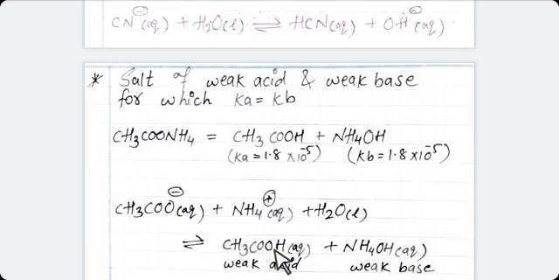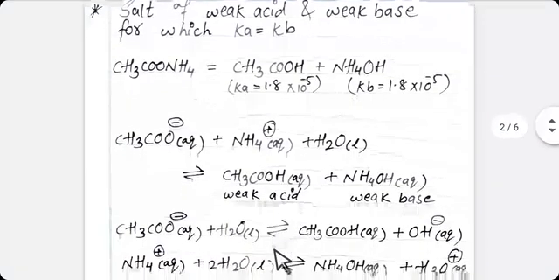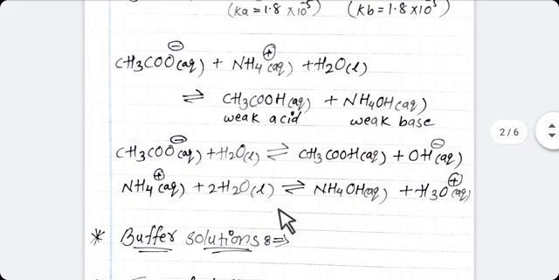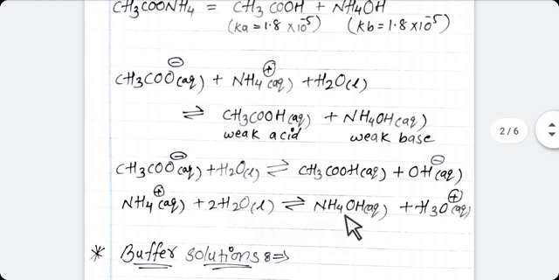Now in the next step, we use the ions which react with water. So acetate ion reacts with water to give acetic acid and hydroxyl ion, and ammonium ion reacts with water to give ammonium hydroxide and hydronium ion.